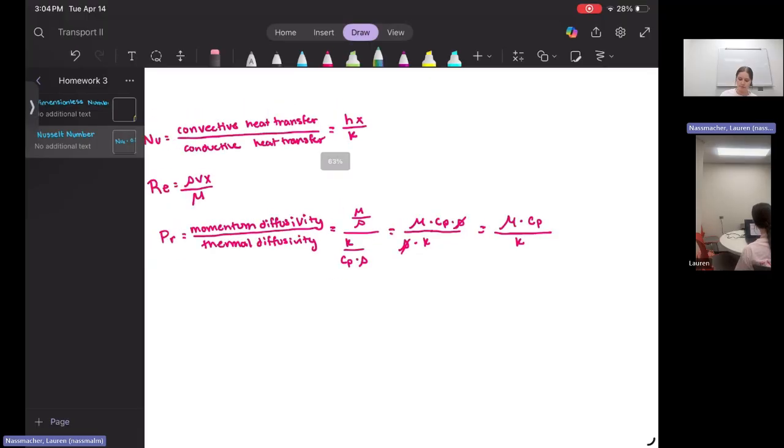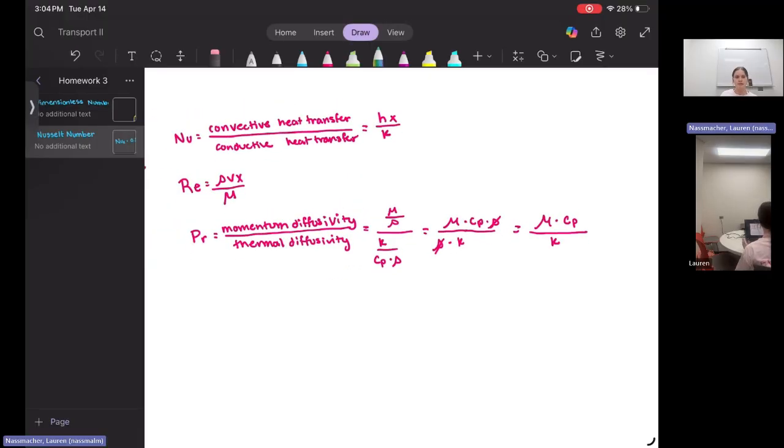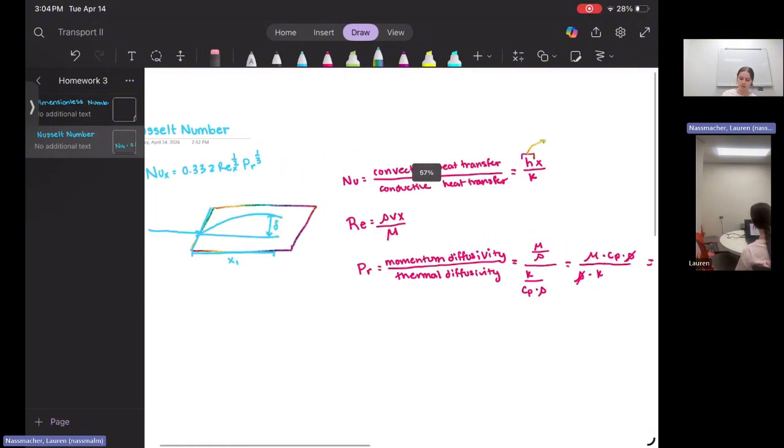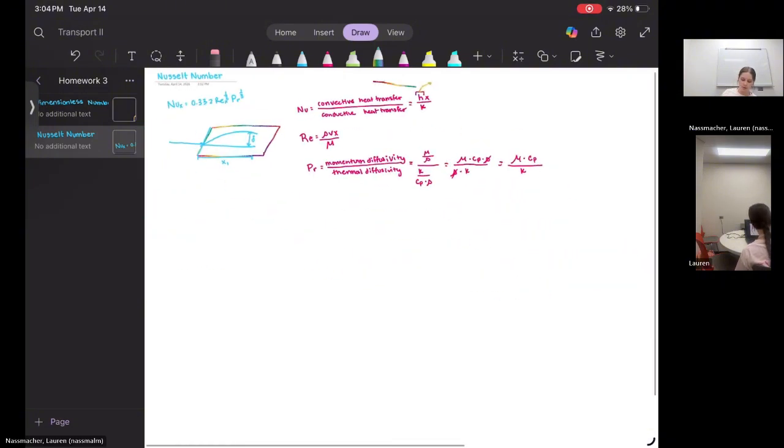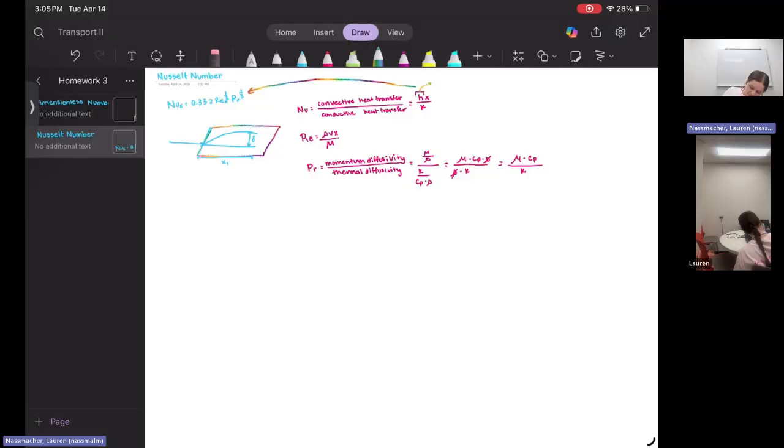Now for this problem, we're looking at maximizing our heat transfer, and that's going to be our convective heat transfer. So we want this to be the largest number possible, which means when we plug it back into this equation, we're going to be solving for that h, our convective heat transfer coefficient. So let's plug everything in.